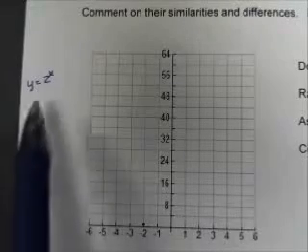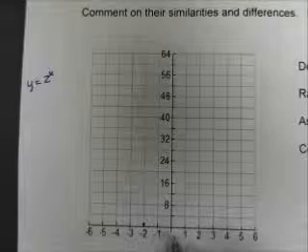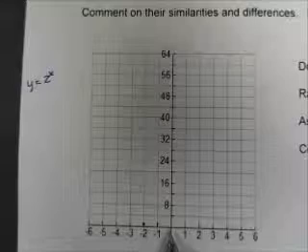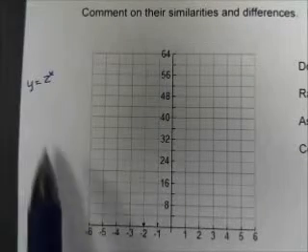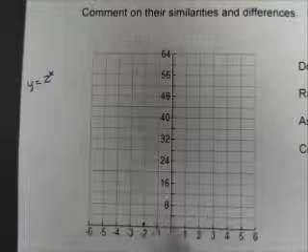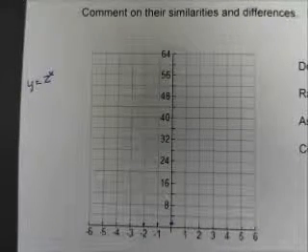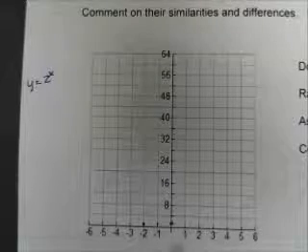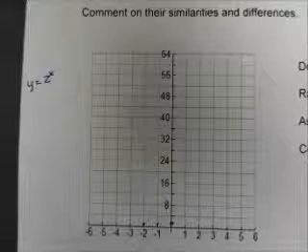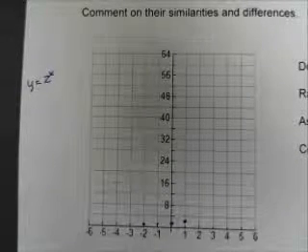If I put -1 in, that's going to give me 1/2. If I put 0 in for x, well, 2 to the 0 is 1. Now, this is 4 here, so 1's going to be only a quarter of the way up. If I put 1 in for x, well, 2 to the first is 2, so that'll be halfway.